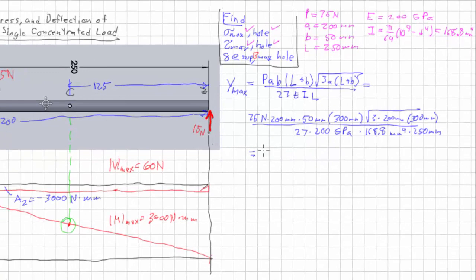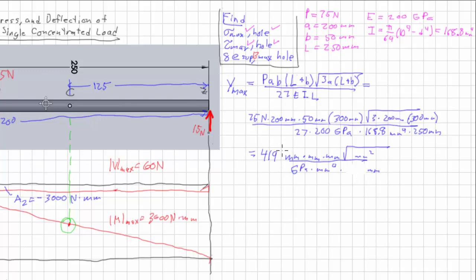We get 419, and the units are challenging here. Millimeters, millimeters, millimeters, square root of millimeters squared, all over gigapascals times millimeters to the fourth times millimeters.